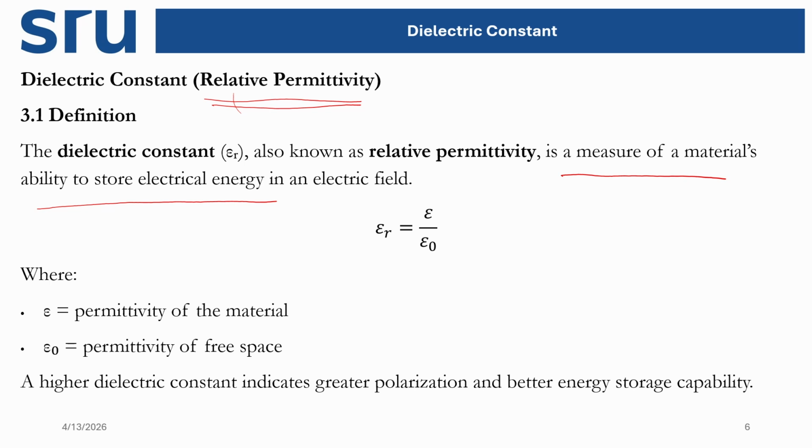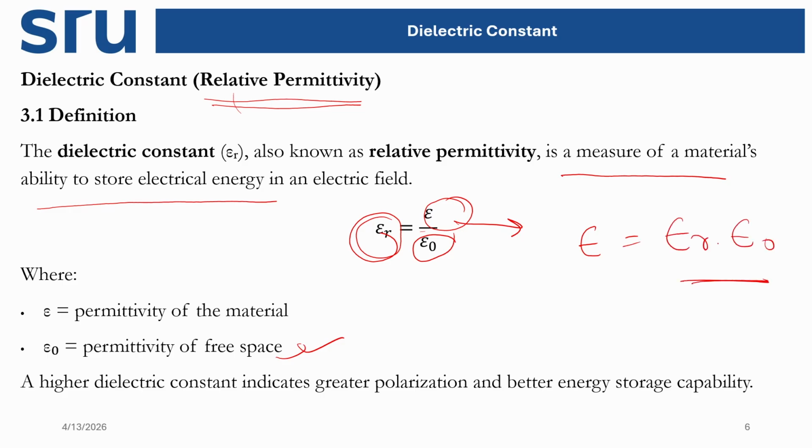So the dielectric constant, epsilon r, is the permittivity of the material divided by the permittivity of free space. So relative to free space, what is the permittivity of the compound? Let's say this is the permittivity of the compound. Then we write epsilon equals epsilon r times epsilon 0. This is the dielectric constant of the material.